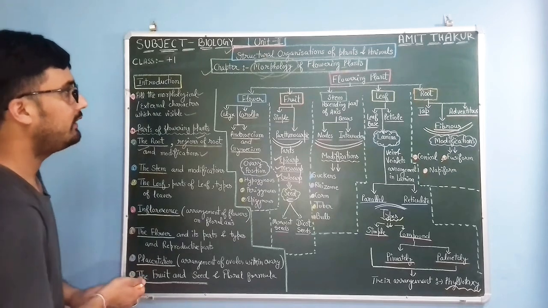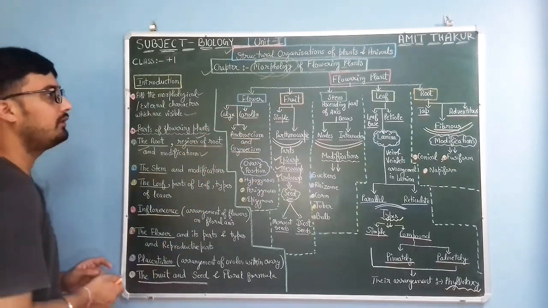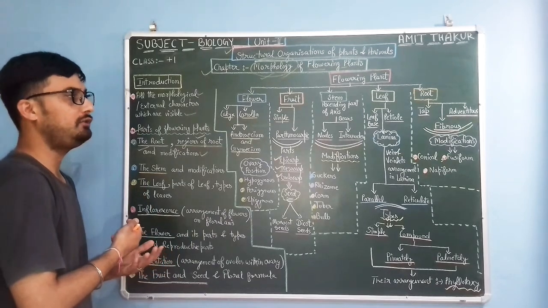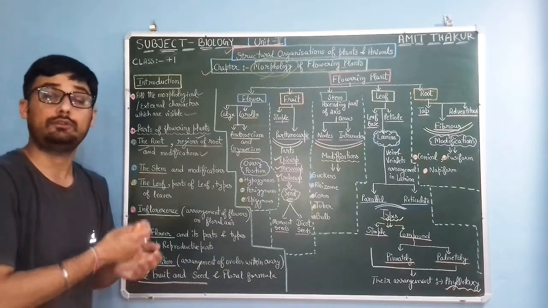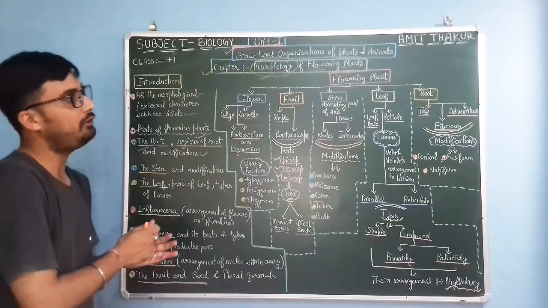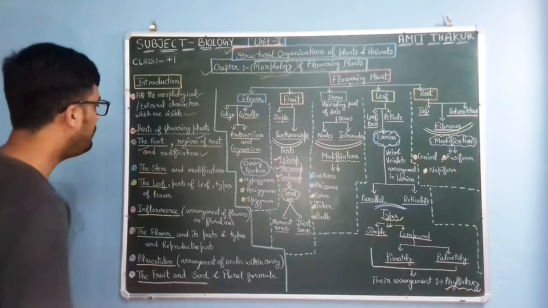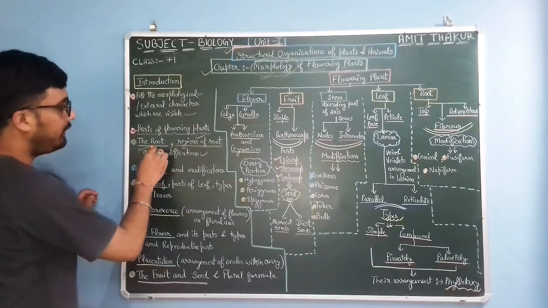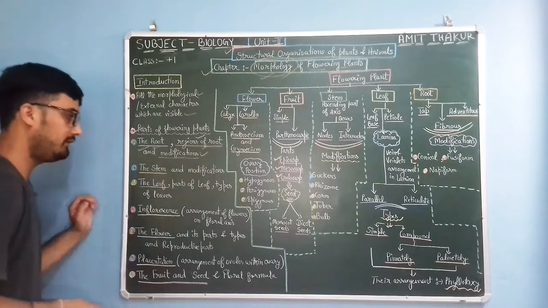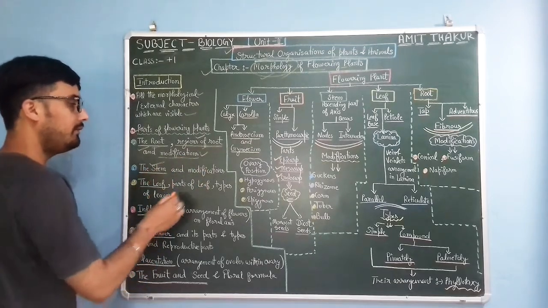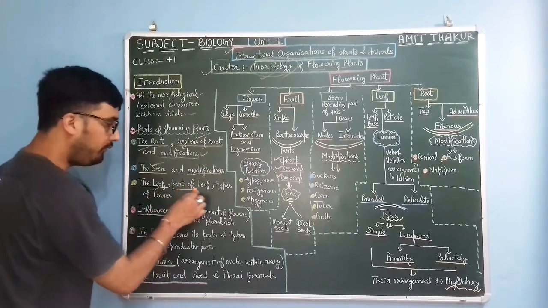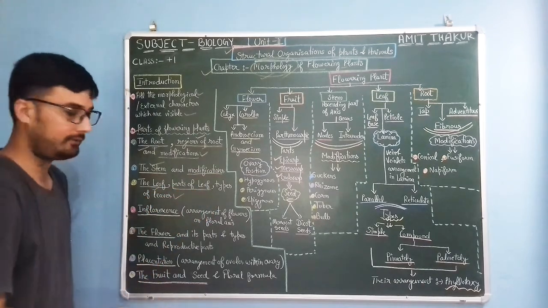All of these modifications are to perform different functions for survival, for better opportunities, and to perform various functions. So in this chapter: the root, the regions of root, and the modifications of root; the stem, modifications of stems; and the leaf, parts of leaf, and types of leaves.